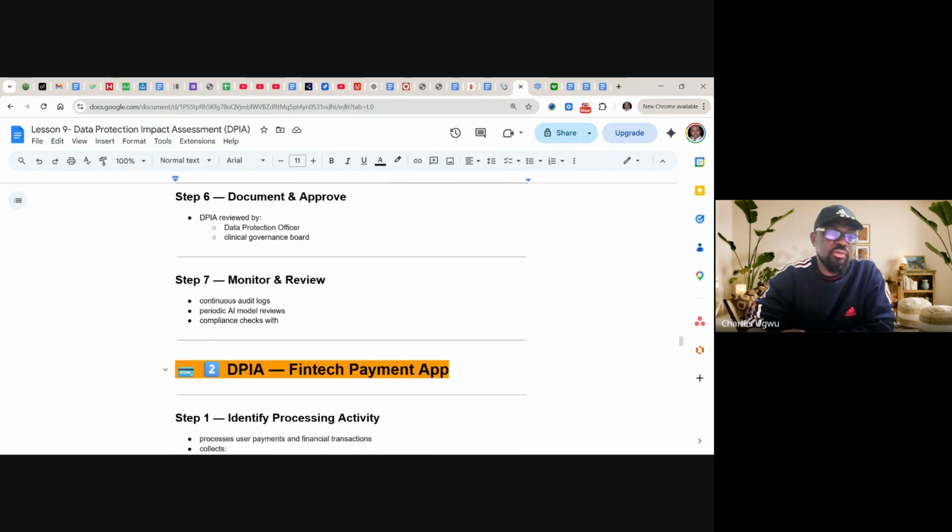And 7, monitor and review. You've carried out a data protection impact assessment on certain data that people within the organization need to work on. You found the risks involved, you carried out the mitigation measures, then you went for approval, and it has been approved. It doesn't end there.